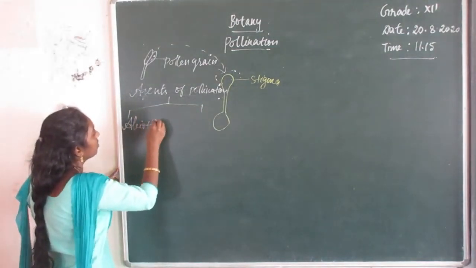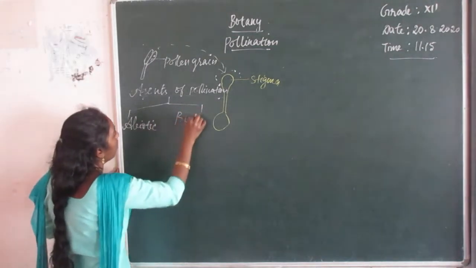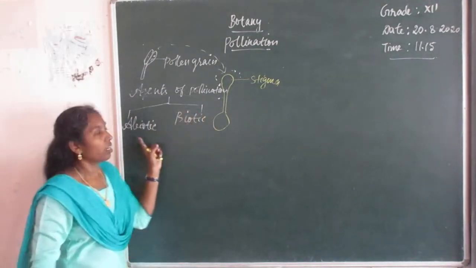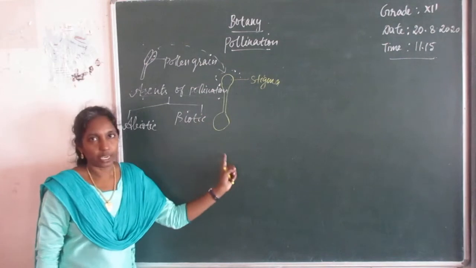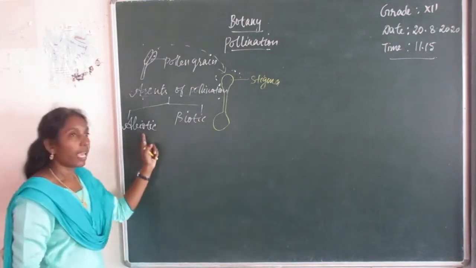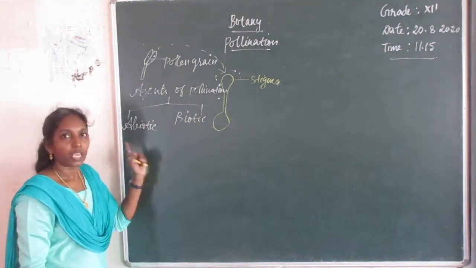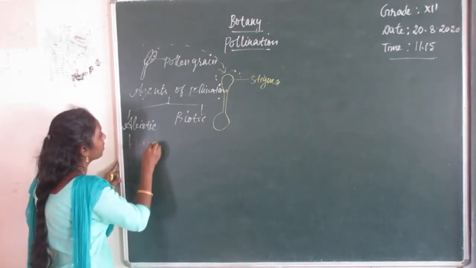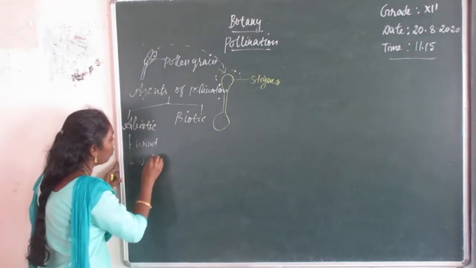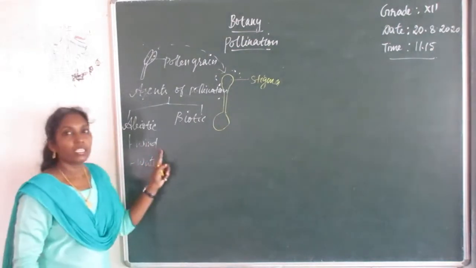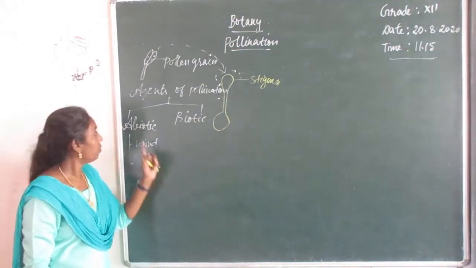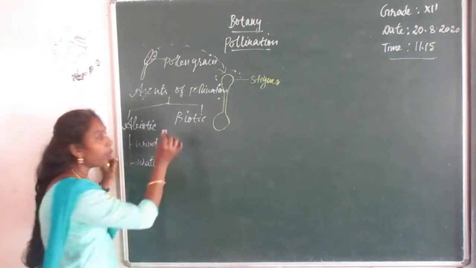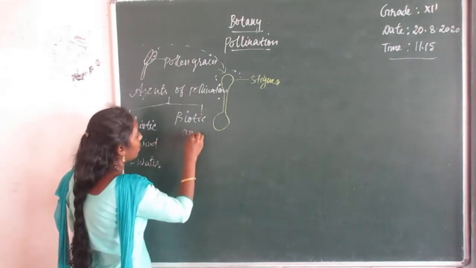The abiotic agents include wind and water. Biotic agents are animals.